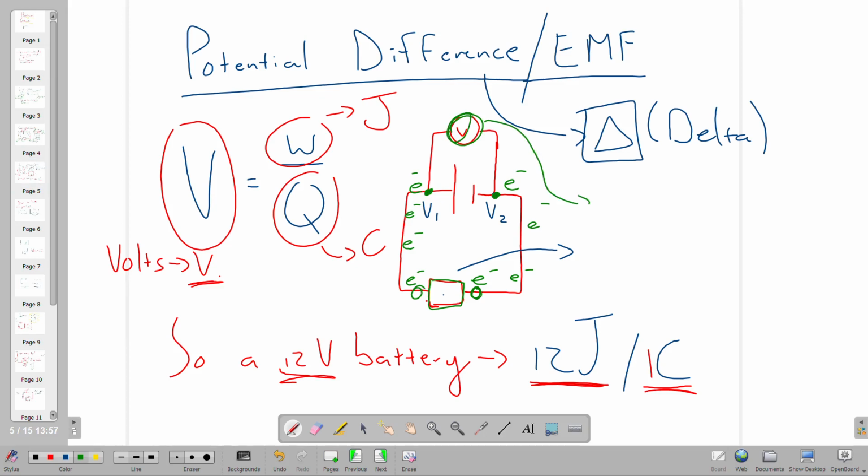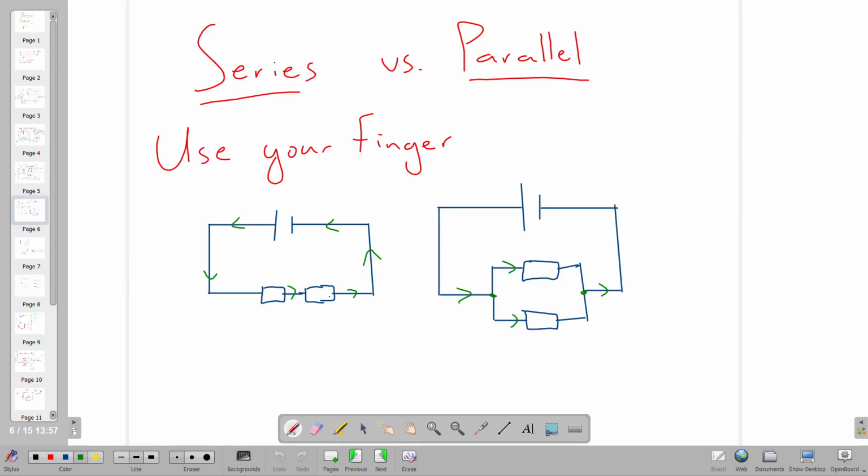Now remember, just another note, a voltmeter has a very high resistance. So we must make sure that we don't put it in series, otherwise your circuit won't work.